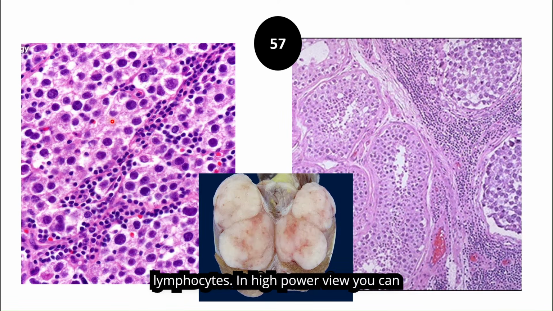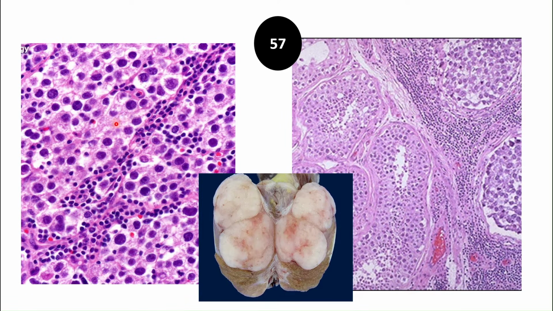In high power view, you can appreciate round to polygonal cells with clear to slightly eosinophilic cytoplasm with hyperchromasia, and pleomorphism.